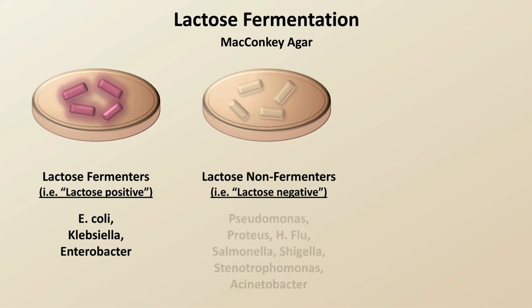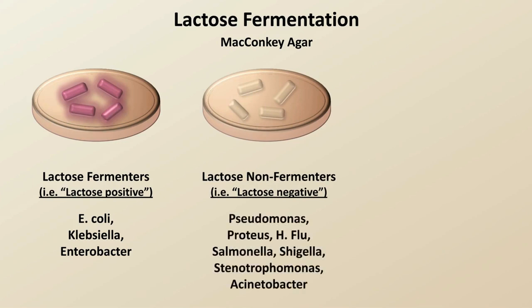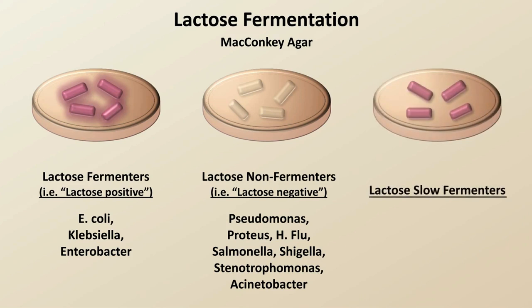These include almost all other gram-negative rods, except for those in a final category known as the lactose slow fermenters, which on the agar may appear red or pink, but without the distinctive halo of the lactose-positive bacteria. There are 2 commonly cited members of this category, Citrobacter and Serratia.